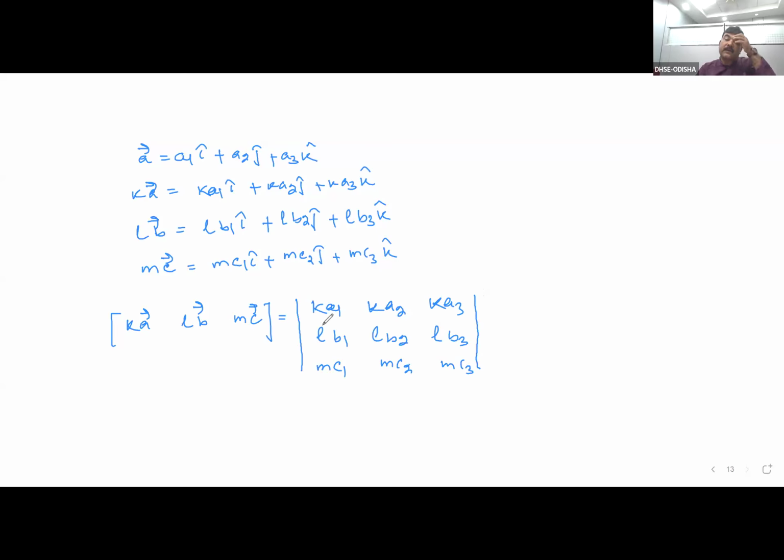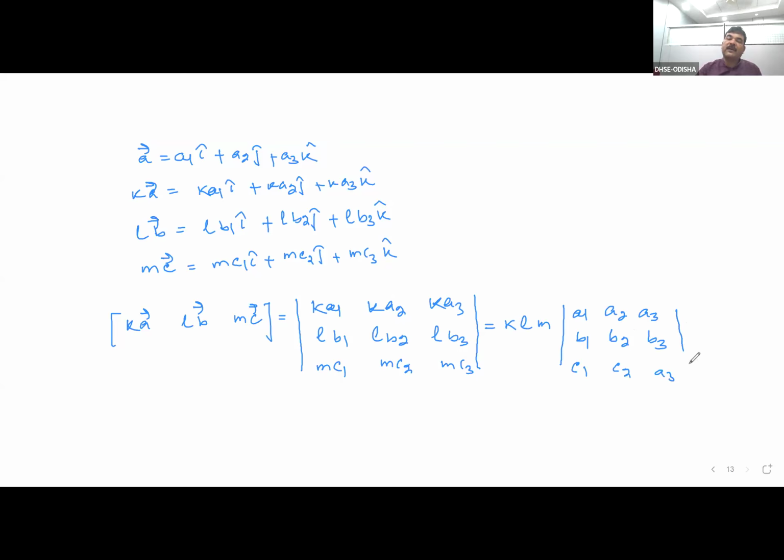Right? You see in the first row, each element of the first row is a multiple of constant quantity K. So we can take K as common from the determinant, and each element of row 2 is a multiple of constant quantity L. L can be taken as common, and each element of row 3 is a multiple of constant quantity M. So M can be taken as common. So taking K, L, M as common, this will be K L M times A1, A2, A3, B1, B2, B3, C1, C2, C3.